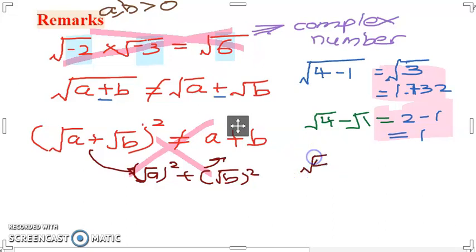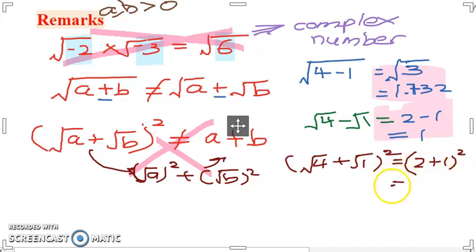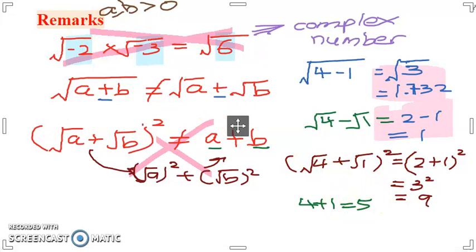Square root of 4 plus square root of 1, if I square it, equals 2 plus 1 squared. So I have 3 squared, the answer is 9. On the other hand, a plus b is 4 plus 1, which is 5. Once again, the result is not equal.